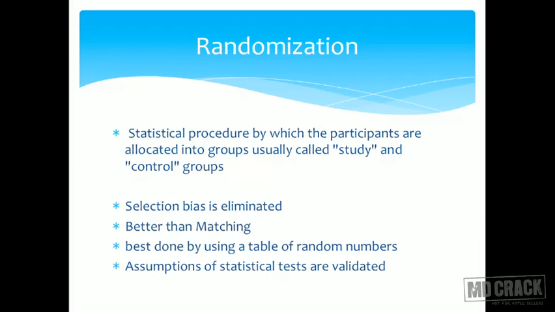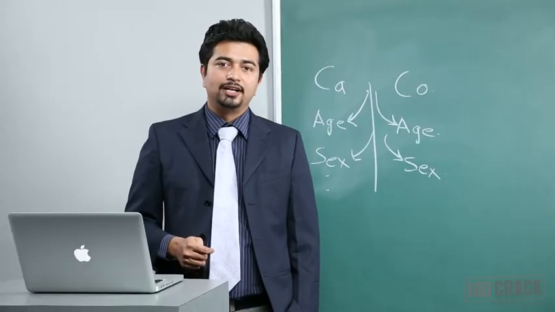Selection bias is minimized, almost eliminated, because I cannot determine which subject goes to what wing of the study, whether he will be in the experimental group or the control group. I cannot determine that. It is randomly assigned. It is definitely better than matching for the very same reason that I explained. Known as well as unknown factors are matched, and it is best done by using a table of random numbers.